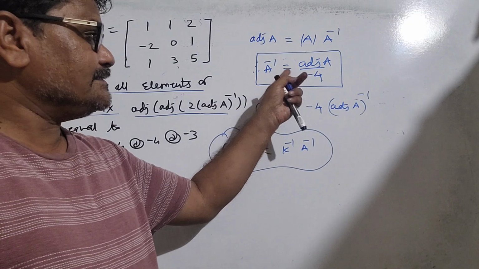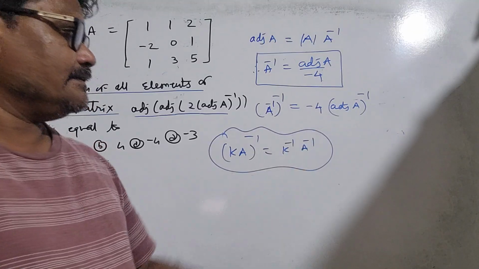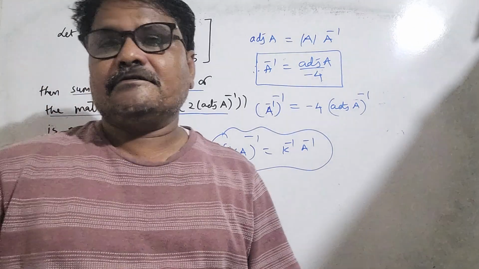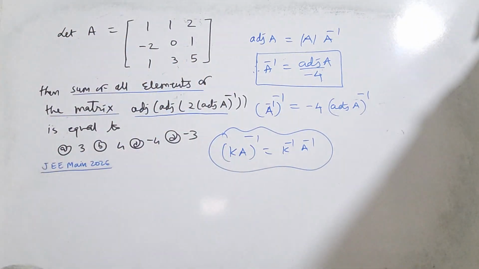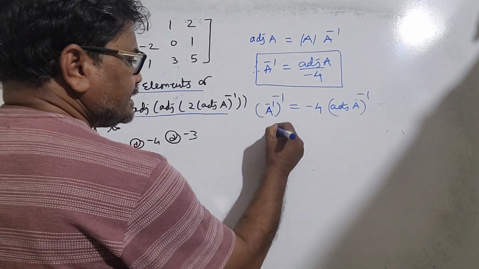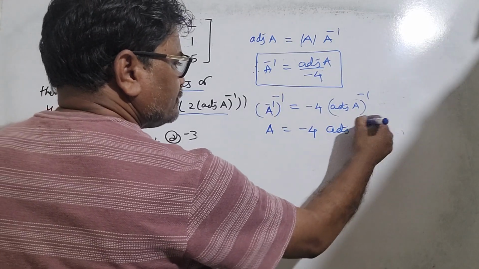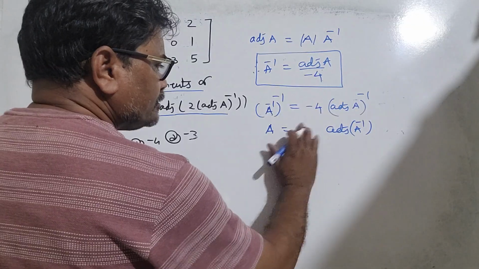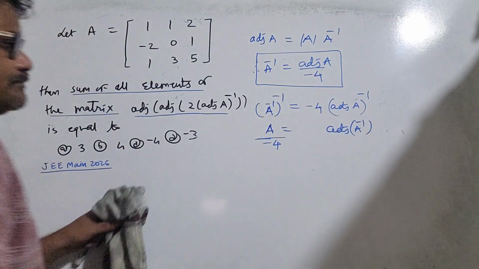So minus is there, and this is 4, correct? The inverse of -1/4 is -4, correct? Now inverse of A inverse is A, which equals -4 times inverse of adjoint of A. Automatically you can say that inverse of adjoint of A is A by -4.